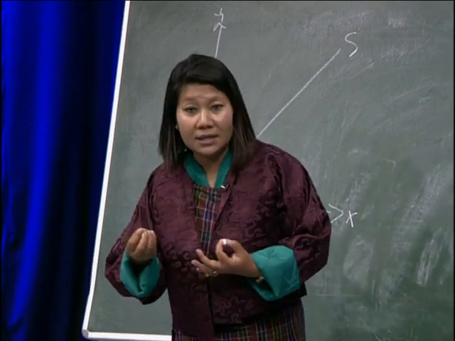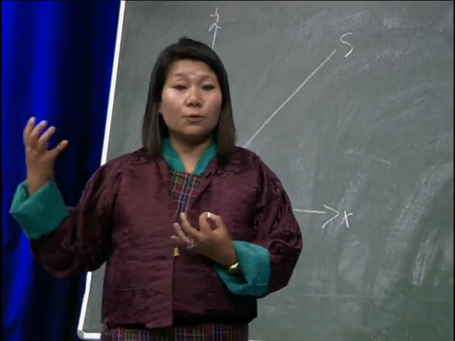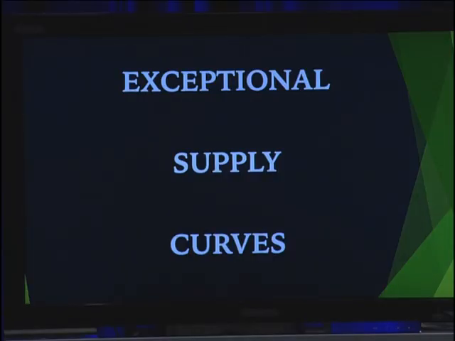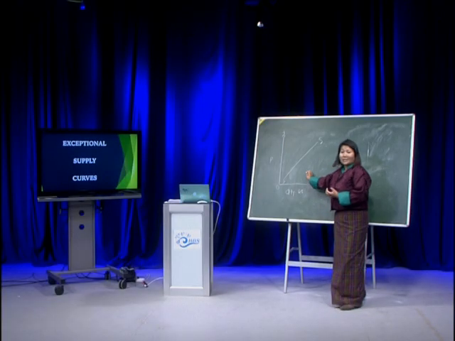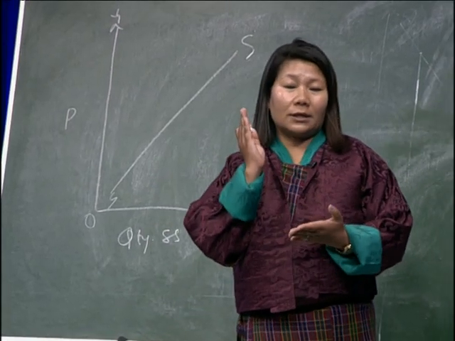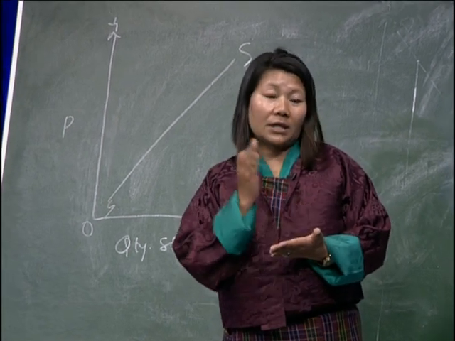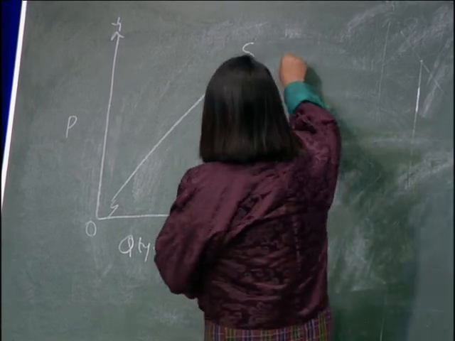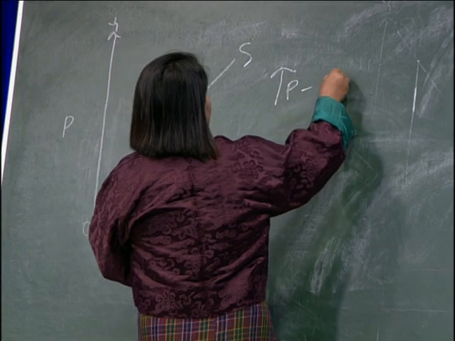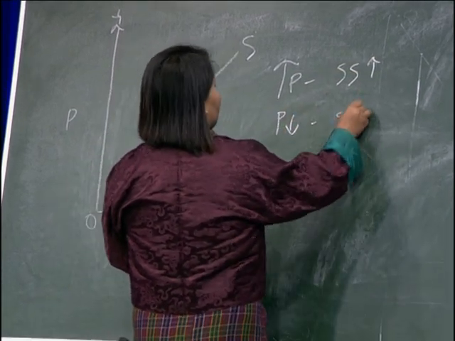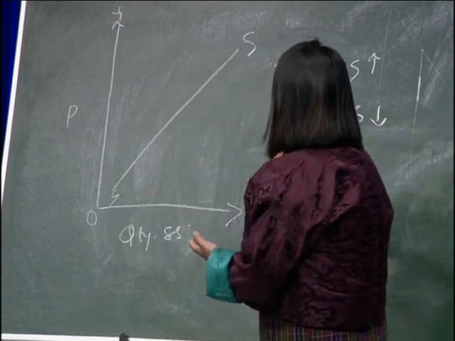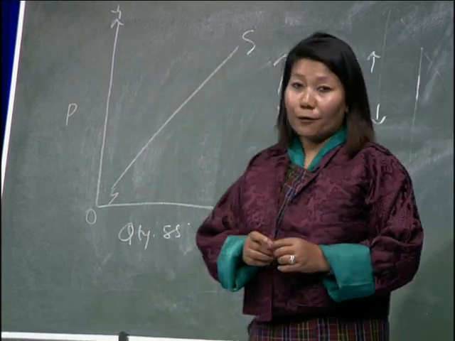Exceptional means, literal meaning of the word here again, it doesn't normally happen, because this is the actual curve of supply. The supply curve we learnt is that when the price increases, supply will increase, and when the price falls, supply will fall.